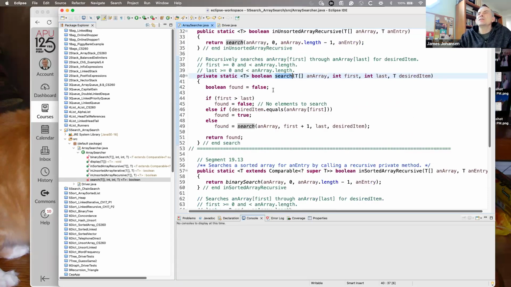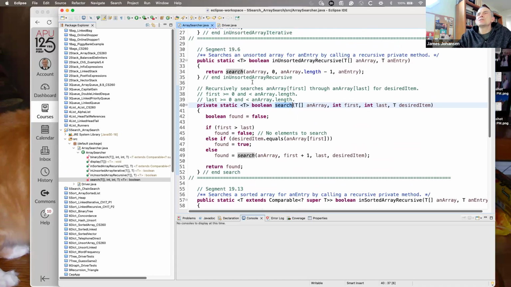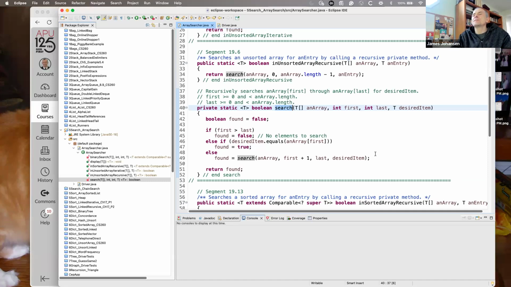Okay, so here is a private method search. This looks deceptively simple, but it's calling a private method where each time it's going one level less in terms of the search space.